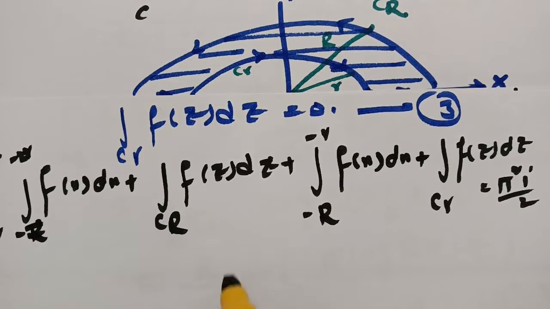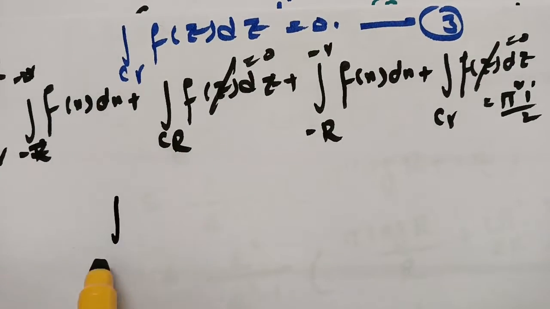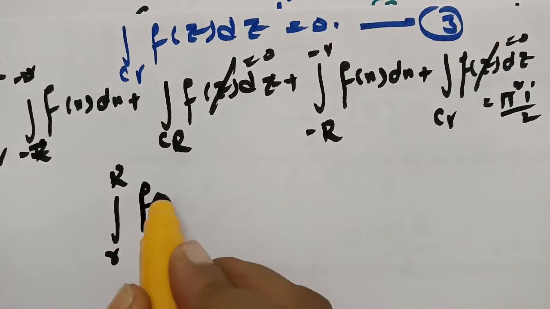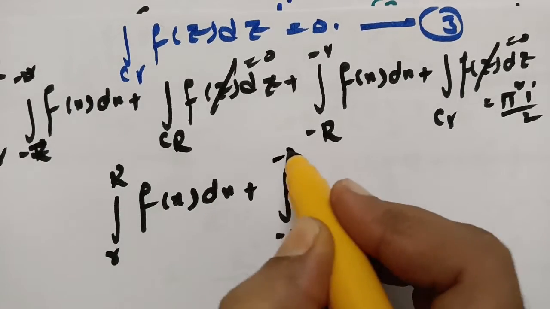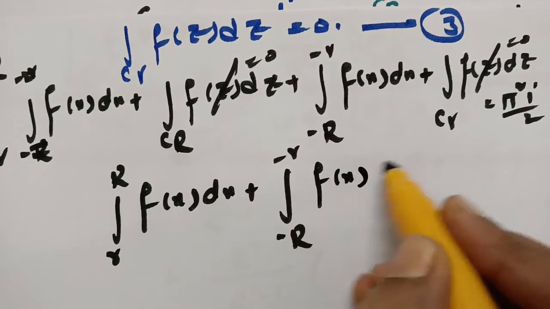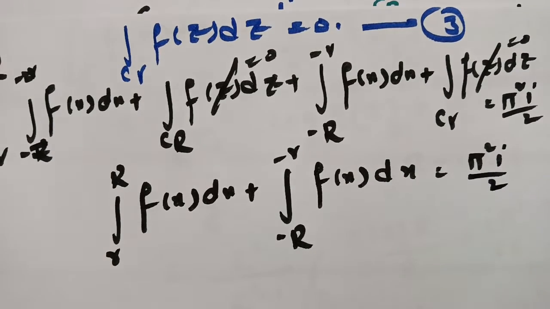So here this value is equal to 0 we got, and this value is equal to 0. So we got the integral from small r to capital R of f(x) dx, plus the integral from minus R to minus small r of f(x) dx, equal to pi squared i by 2.